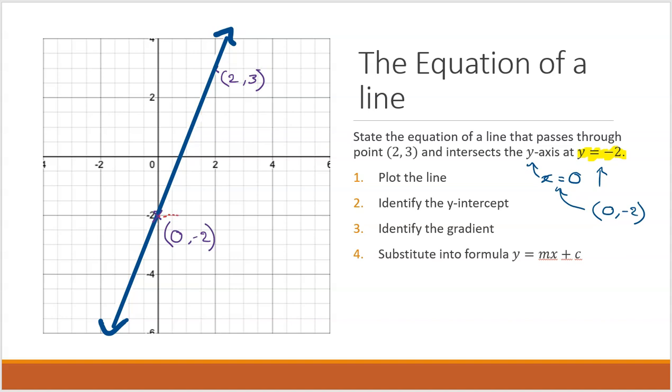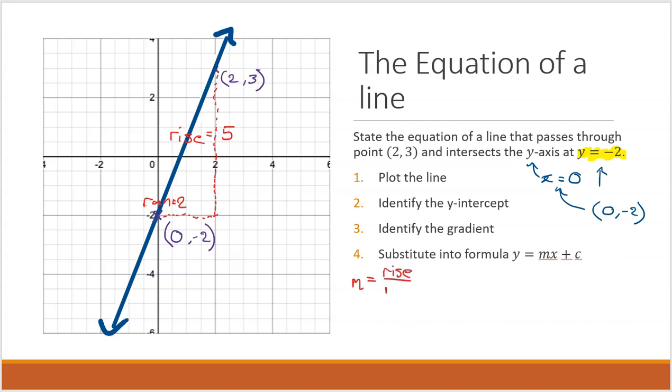Going across, I'm going to go 1, 2, and then going up, I'm going to go 1, 2, 3, 4, 5. So we've got a run of 2 and a rise of 5.